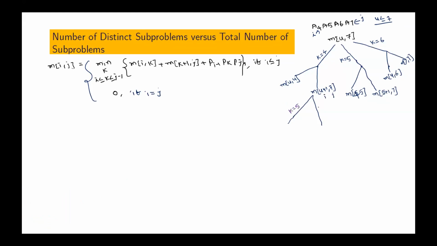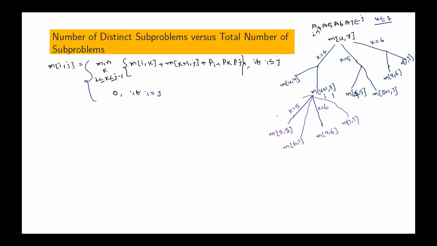If k equals 5, then we get M[5,5] and the other subproblem M[6,7]. When k equals 6, what are the two subproblems? M[5,6] and M[7,7].